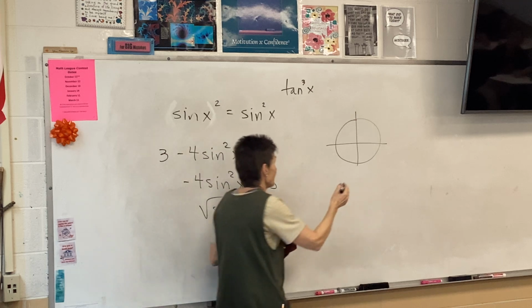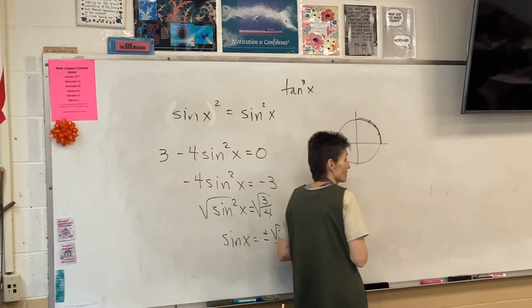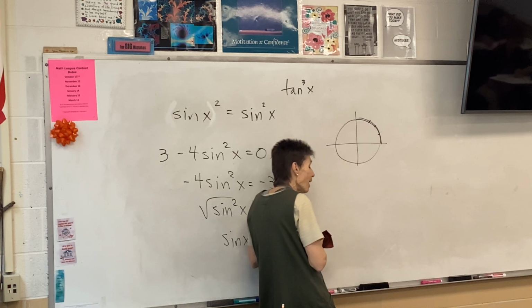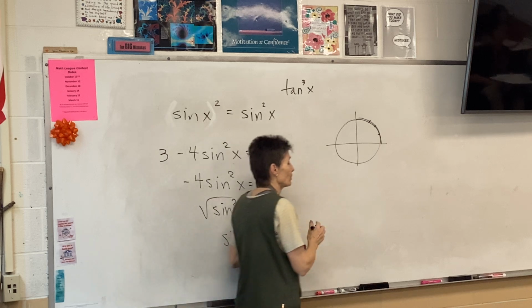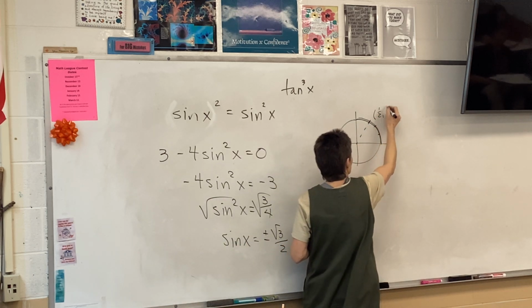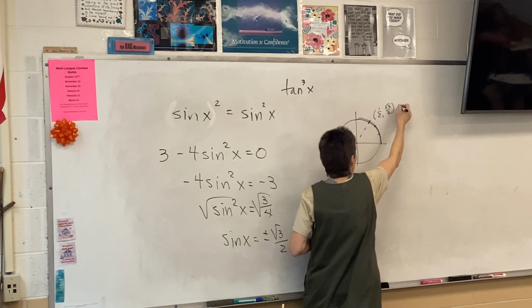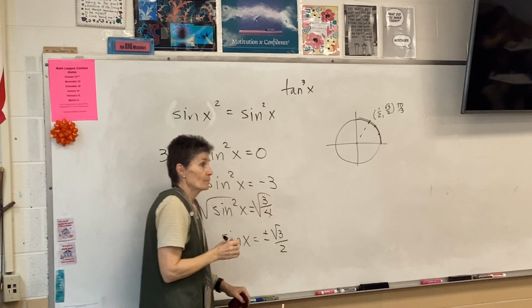So let's think about just quadrant 1 for a moment. Which of our big angles has a y value, sine, y value of root 3 over 2? Isn't it this one right here? Which is pi over 3? Right?